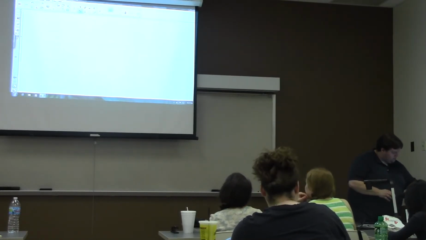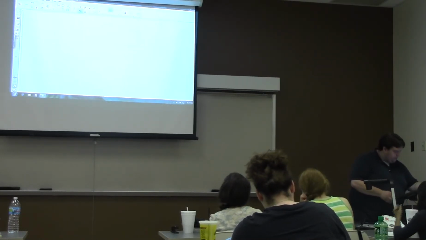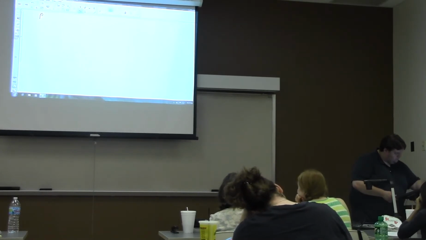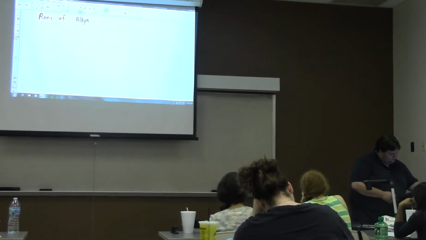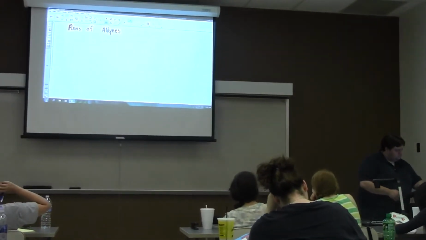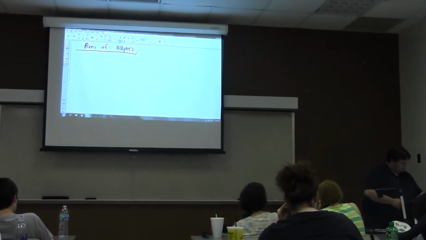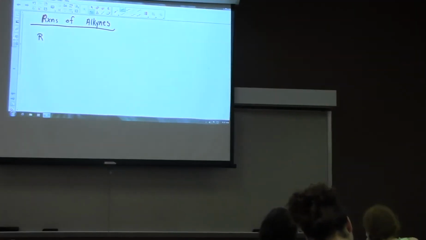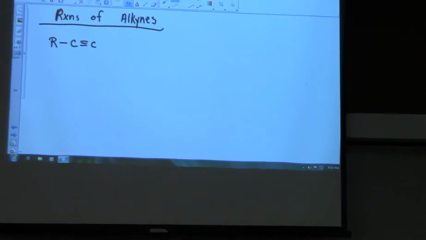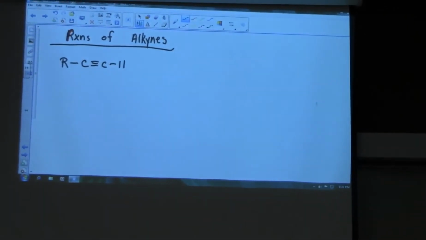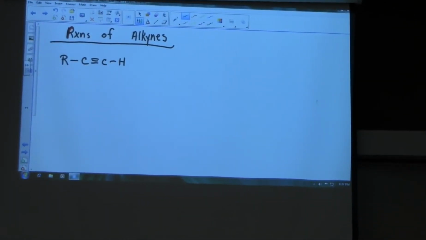Now, alkynes can also undergo these reactions. If I were to take some general alkyne, in this case I'm going to make it as simple as possible, show that triple bond, and have only an H on one side.